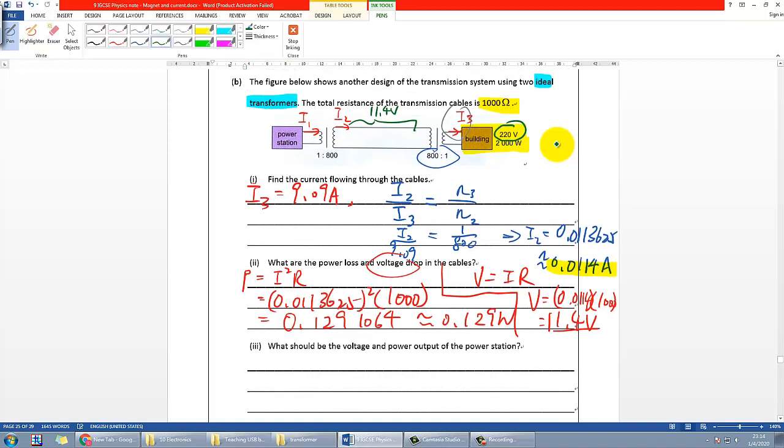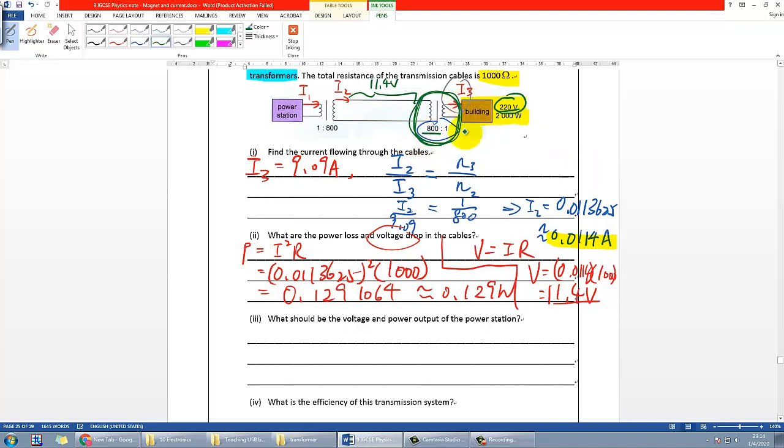So first of all, think about that. When the voltage is converted in this transformer, so it was something and then converted to 220, what would that be? We can use the equation of V. Let's just call 2 the one in the middle, 3 the one near the building.